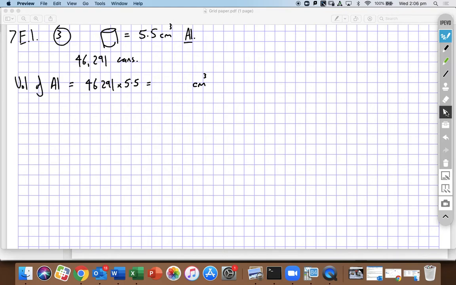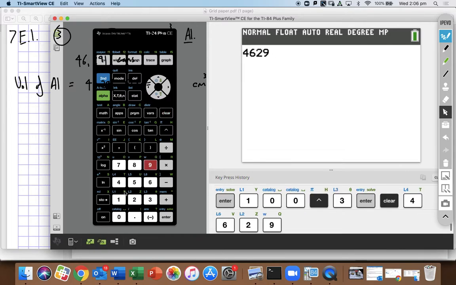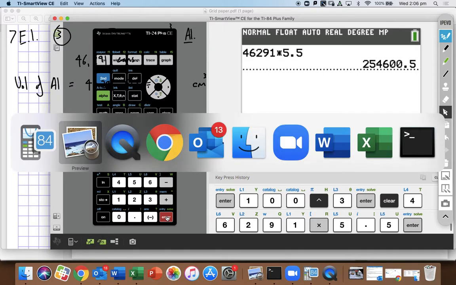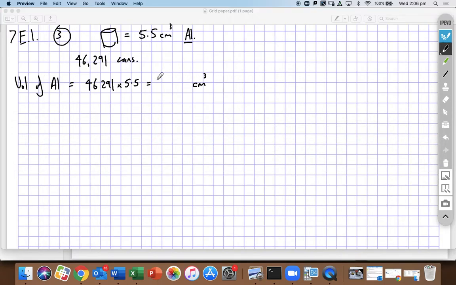So what you'll need to do is go to a calculator, unless you're really quick at maths. So we had 46,291 times 5.5, and what number do we get? 254,600.5. Try and remember that. 254,600 and a half cubic centimeters.